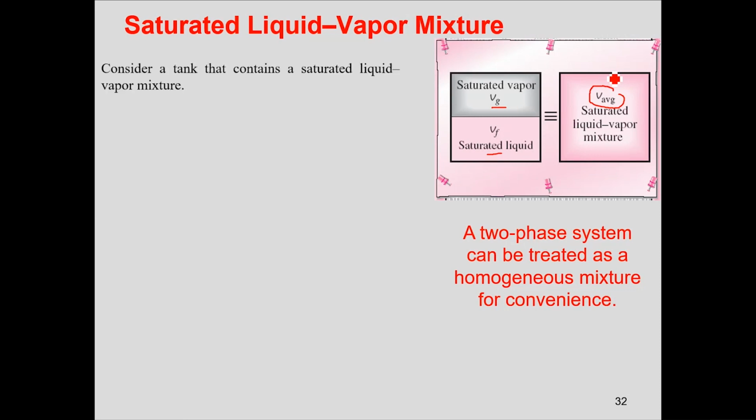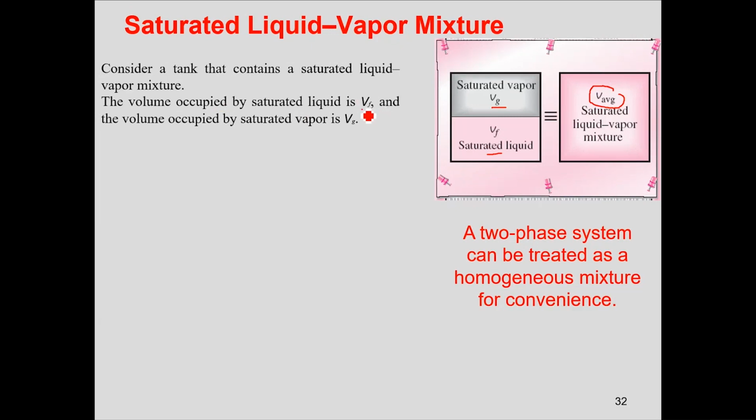Let's see. Consider a tank that contains a saturated liquid and vapor mixture. The volume occupied by saturated liquid would be Vf, and the volume occupied by saturated vapor would be capital Vg. The total volume would be the summation of the two volumes.